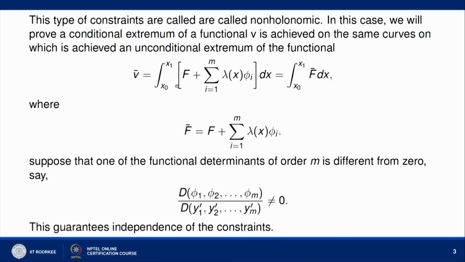So here we define a new functional f bar as f plus the sum from i equal to 1 to m of lambda i of x phi i, and we assume that these phi i are independent of each other. It means that we are assuming that the Jacobian of phi 1 to phi m with respect to y1 dash to ym dash is not equal to 0. We are relabeling our variables so that this Jacobian is non-zero, which also guarantees the independence of the constraints.